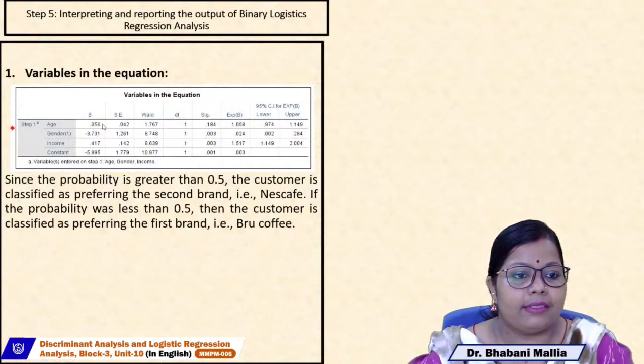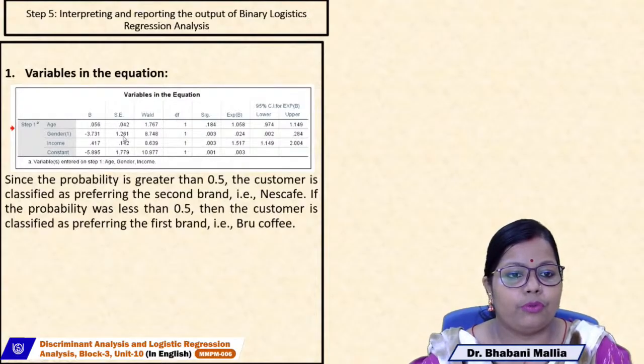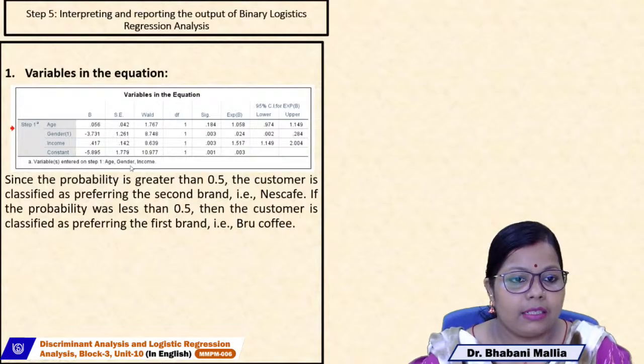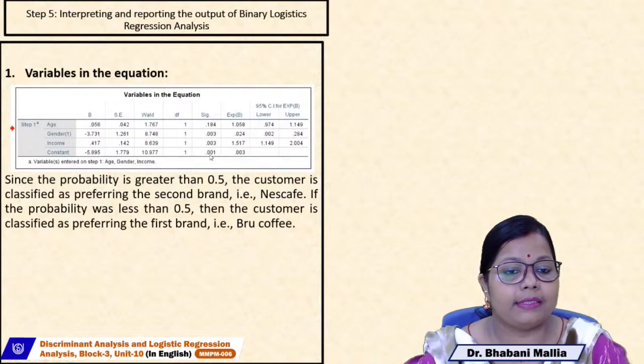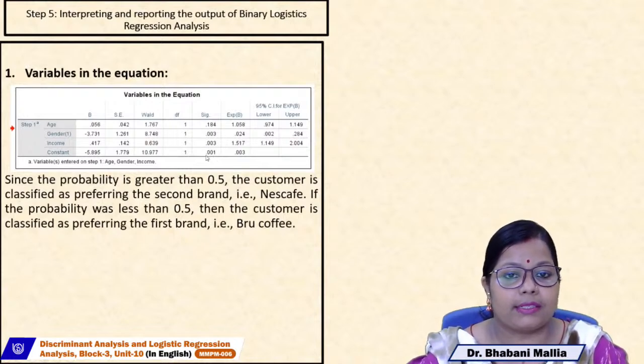You can see here age, standard error is 0.42, and for gender it is 1.261, and the other values are there along with the degrees of freedom. But just check the significance level. For age it is 1.184 and for gender it is 0.003, the same for income, and it is very small for the constant.